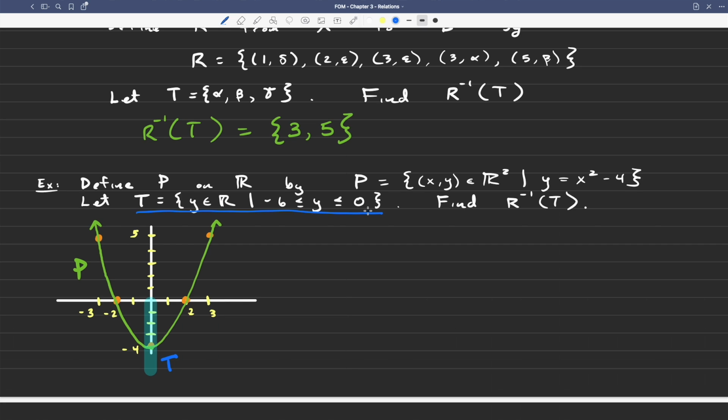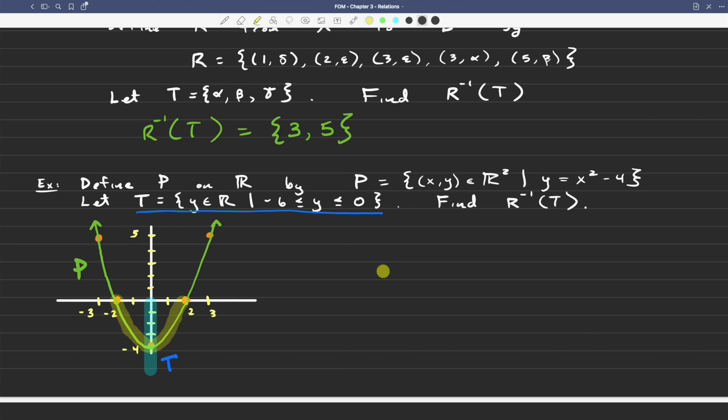Now, what are the first components that get paired with y components from that set? Well, I can see that the part of the graph that corresponds to that piece of the y-axis goes, I'm going to highlight it in yellow here on the parabola, like there to there. It's just that part of the parabola that lives below the x-axis.